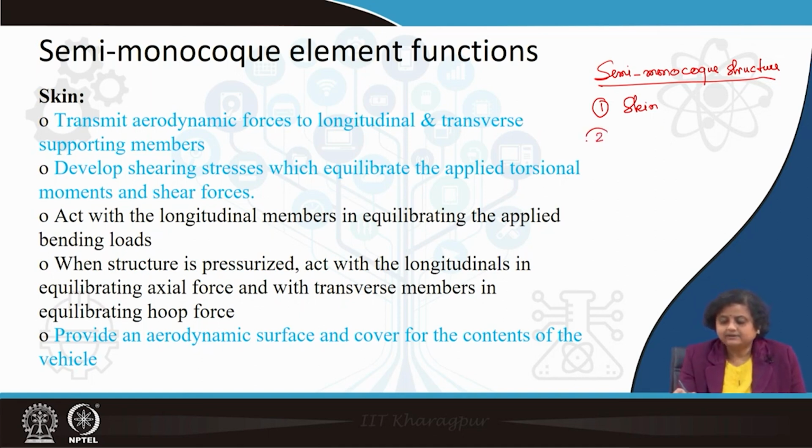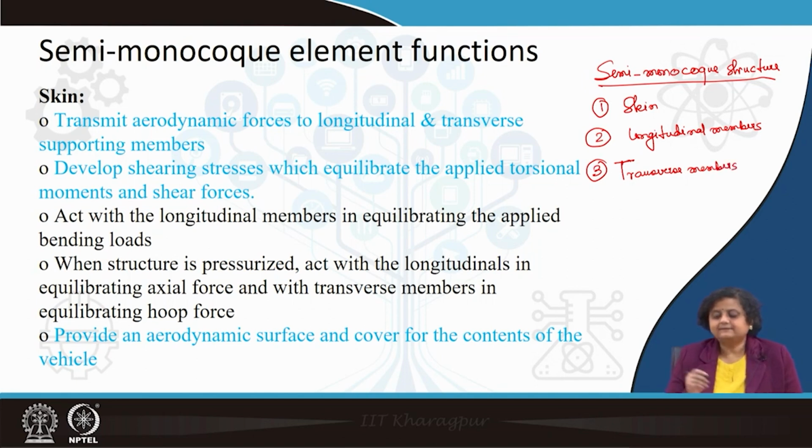The second part is the longitudinal members, and the third are the transverse members. As I said earlier, longitudinal members could be spar, stringer, longeron; transverse members could be rib, bulkhead, rings, formers, etc.